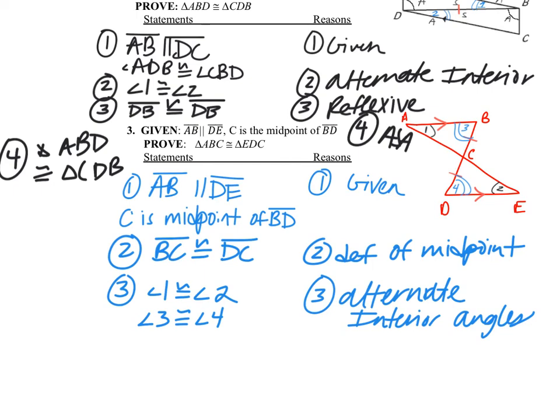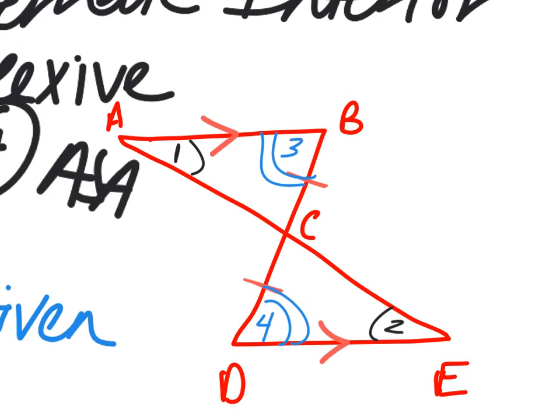Look at your picture and please be careful when you look at it. We can mark those letters, the parts that we have congruent to help us. Right now you have, on that top triangle, 2 angles and a side. On the bottom triangle, you have 2 angles and a side.